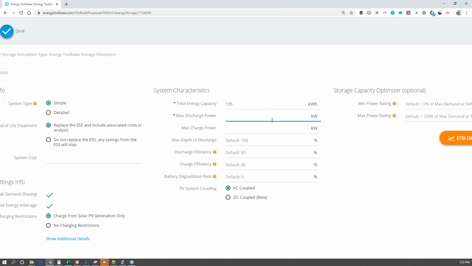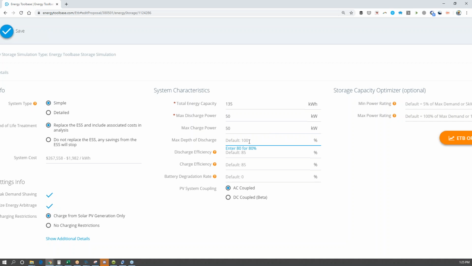And then the max discharge capacity, they're 5 kilowatts each, so we're going to do 50 kilowatts as the max discharge capacity. Let's just do their charge capacity the same as their discharge capacity.